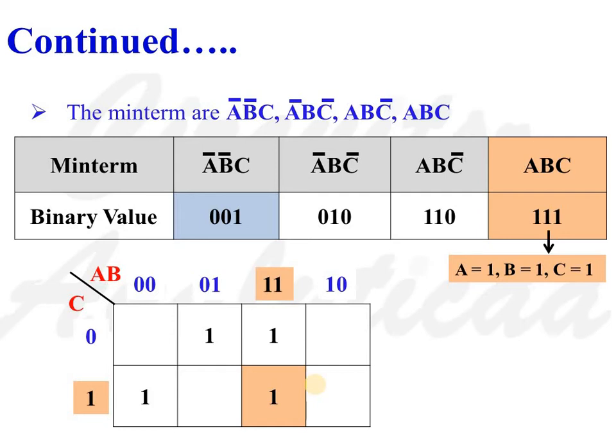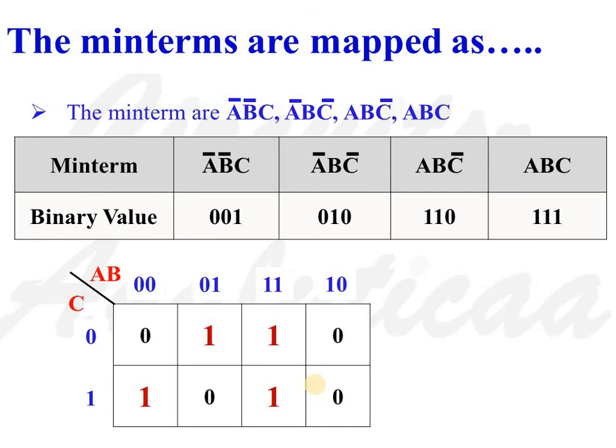Locate the cell with binary value 1, 1, 1 in the K-map. The cell is filled with logic 1. Remaining cells are filled with logic 0. So here we have mapped the standard sum of product expression on a 3-variable K-map.